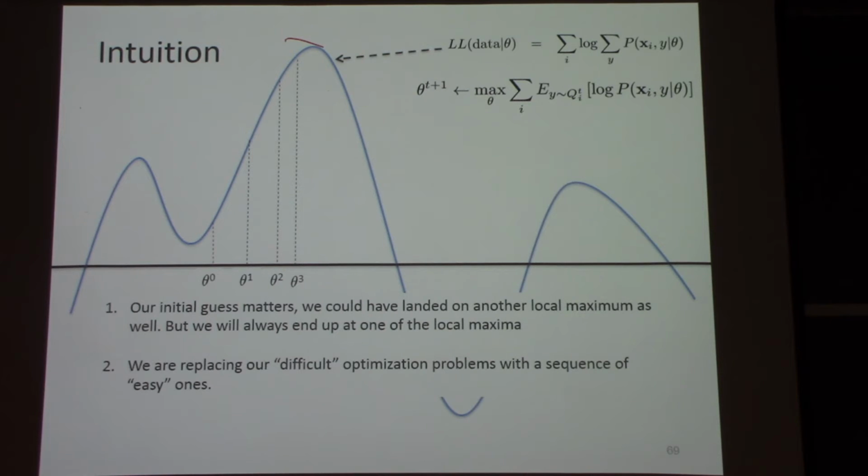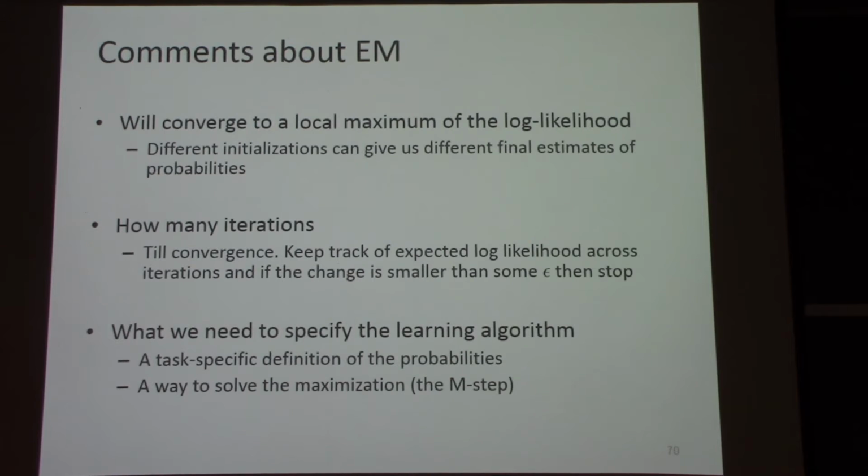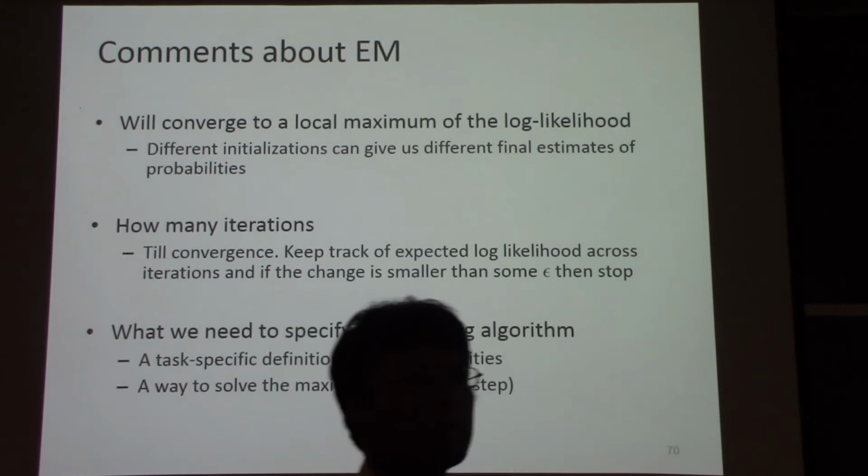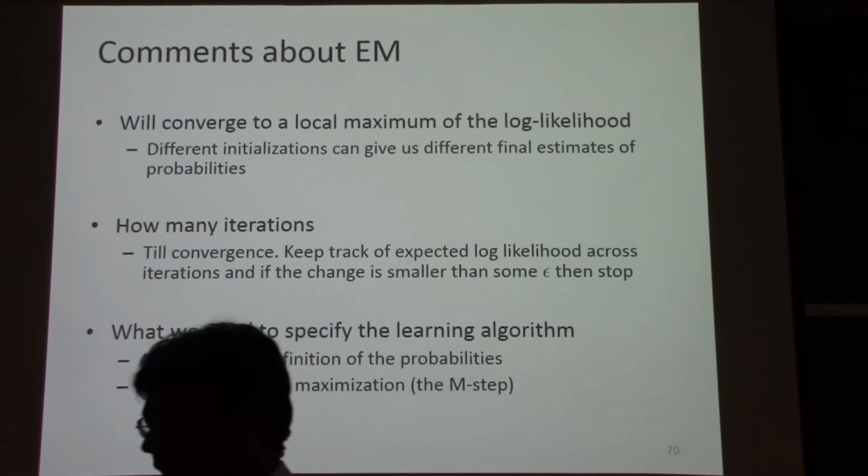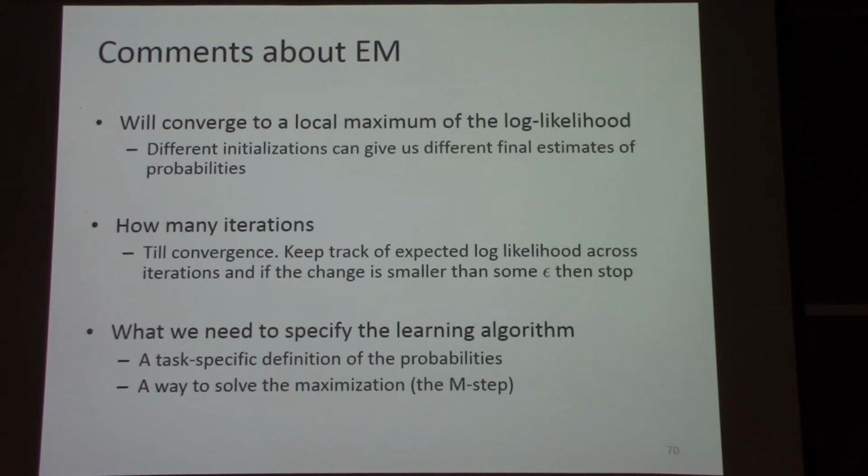So other points, just to summarize, EM will converge to a local maximum of the log likelihood. There's a question of how many iterations, how many times you should do this outer loop. The answer is exactly the same as for other optimization: you do it until you converge, meaning you have to keep track of the objective.